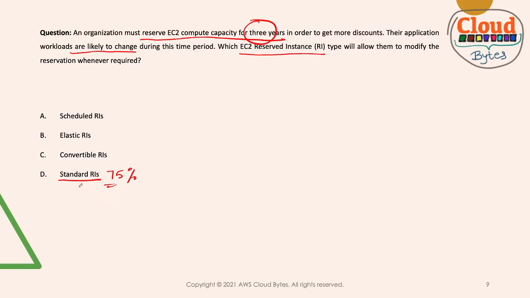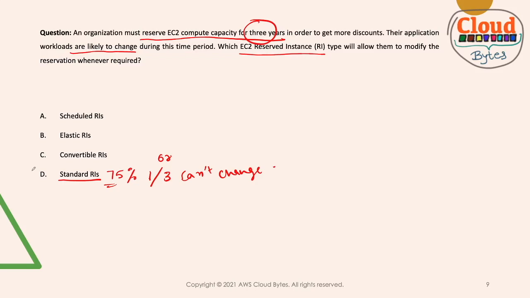The biggest drawback of standard RI is you cannot modify. It is a 1 or 3 year reservation that you can do, and you can't change the contract basically.